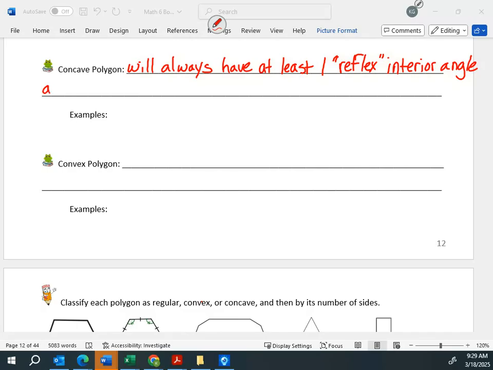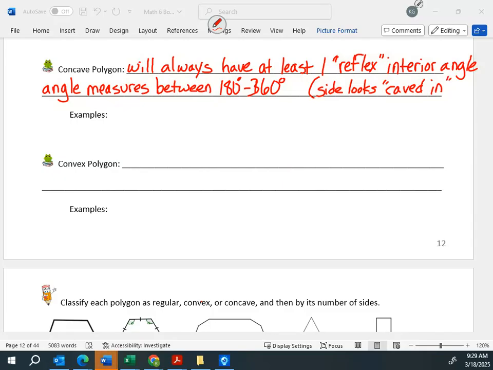This is an angle that measures between 180 degrees to 360 degrees. I like to say that the side looks caved in.